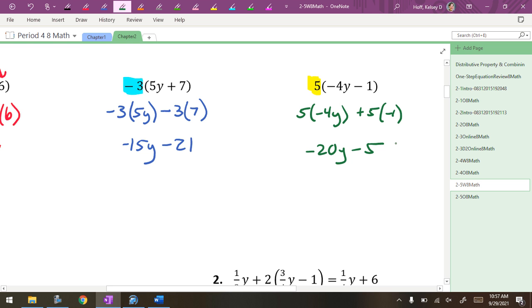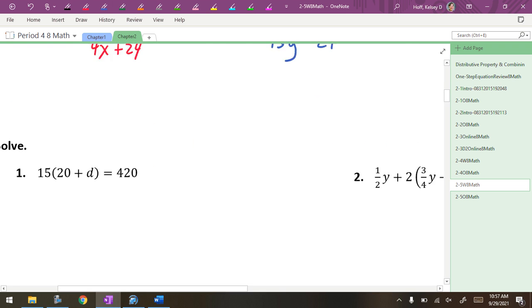Yes? Why would I have you do that one when you're like, we already distributed a positive number once? What's different about this one, Taylor? Yeah, inside the parenthesis was different signs. So just be aware that the inside number and the outside number make a difference. Good work. Okay, so let's put it to the test.